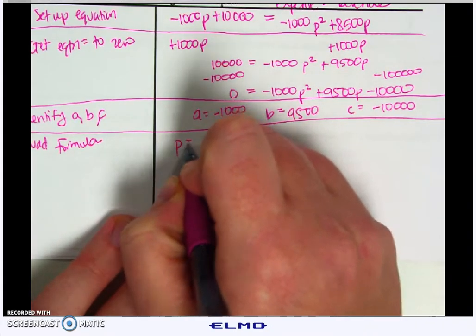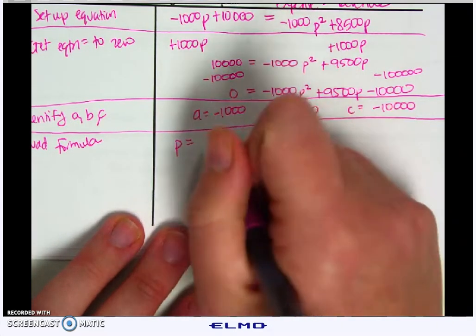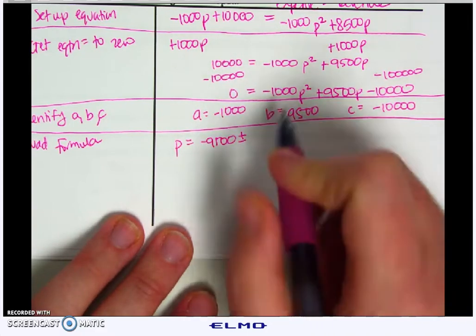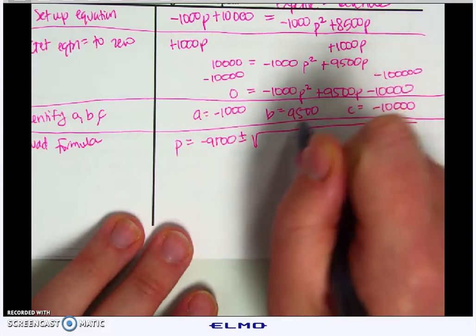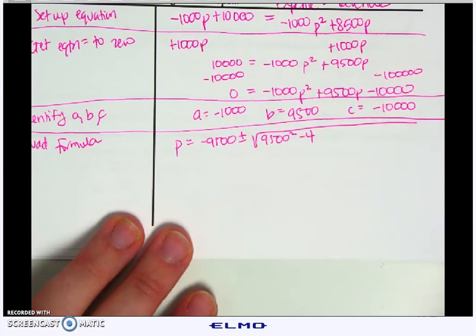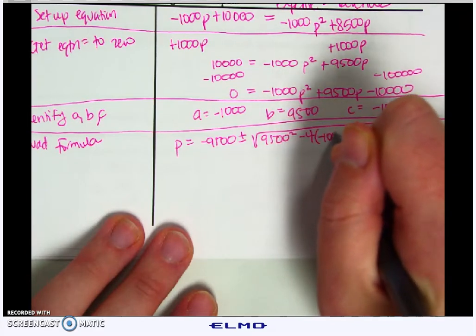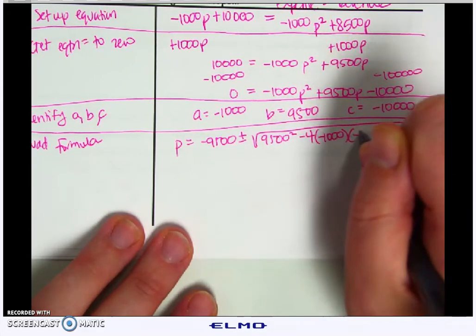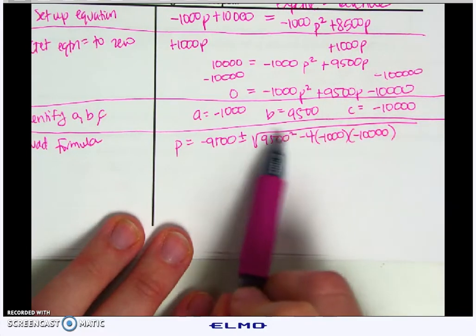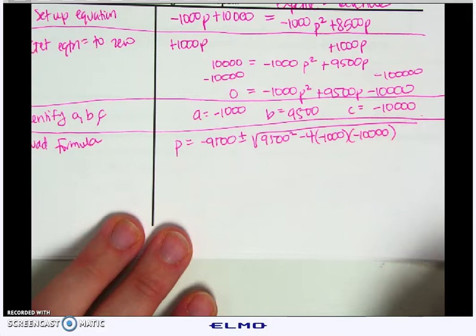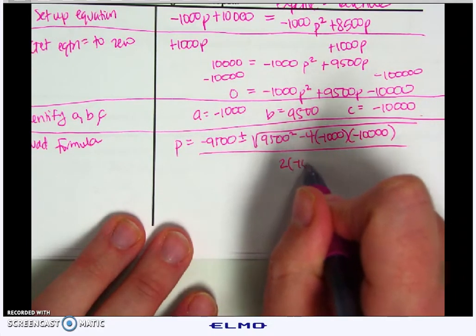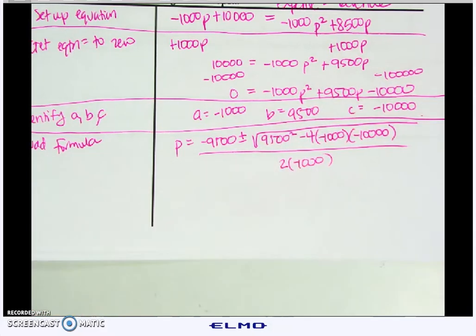So the quadratic formula is the opposite of b, negative 9500, plus or minus the square root of b squared, 9500 squared, minus 4 times negative 1000 times negative 10,000. And that comes from minus 4ac. Then it's all over 2a, which is negative 1000.